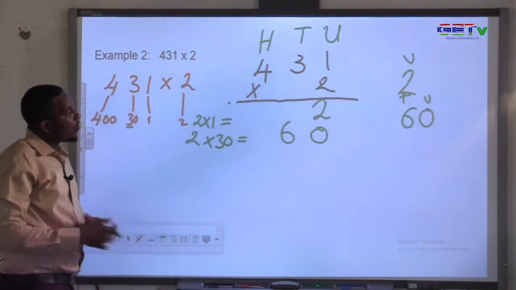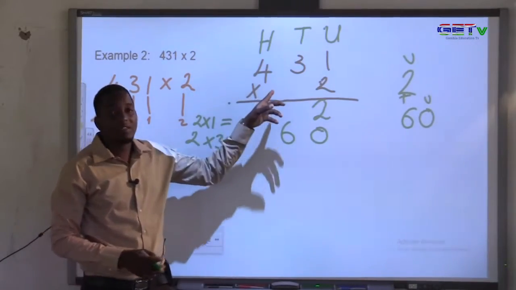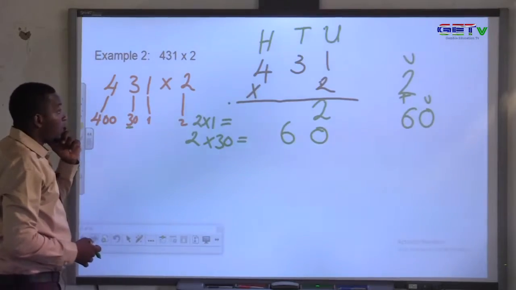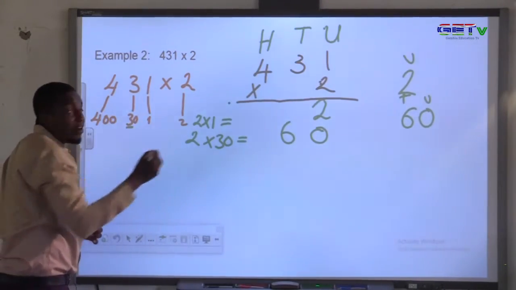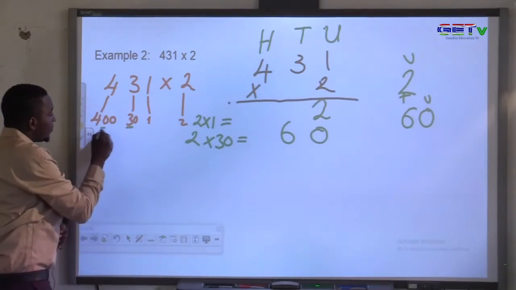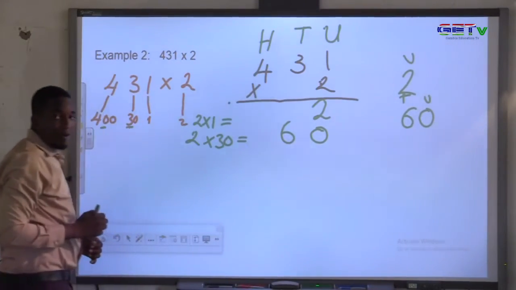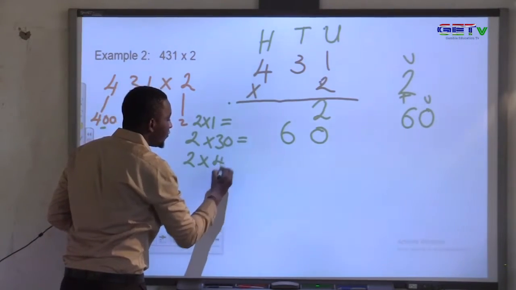Yes, that is all for the units and tens. Then finally, we move to the hundreds. Under the 100 column, we have 4. We said the value of 4 is 400. So we are going to multiply 2 by the value of 4. 2 multiplied by 400.